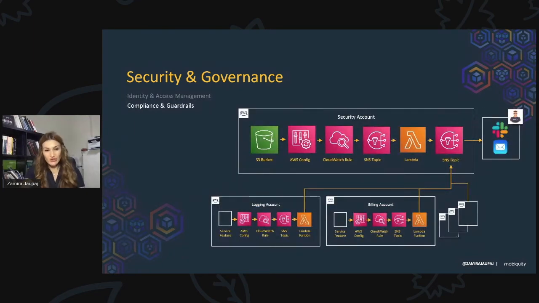What about security and compliance and guardrails? Guardrails are basically the security policies that you are going to apply to each account. So when Control Tower sets up a new AWS account, it automatically applies the security policy. Why is this important?